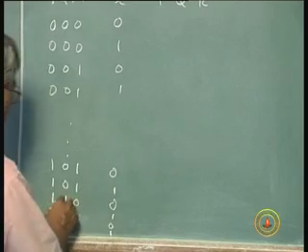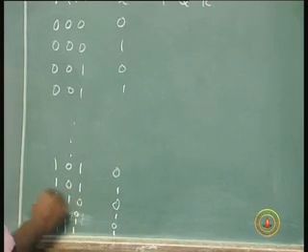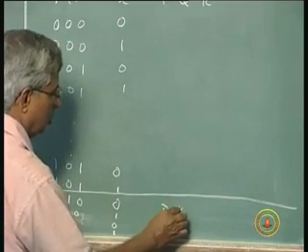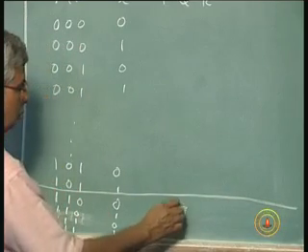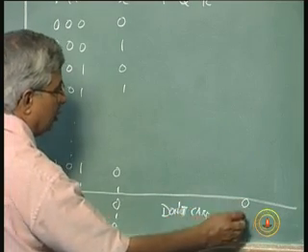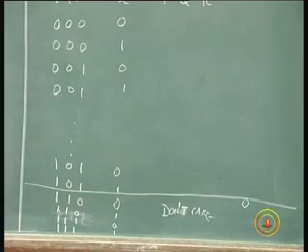These are all don't cares. Remember, in the don't care also the output should be what? Zeros.